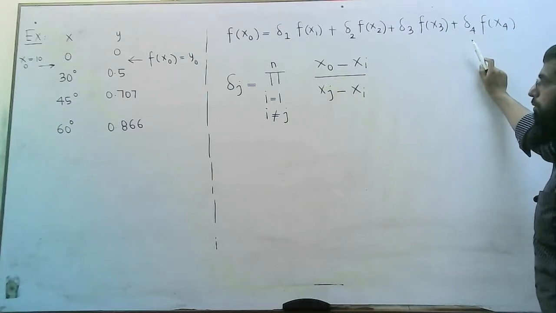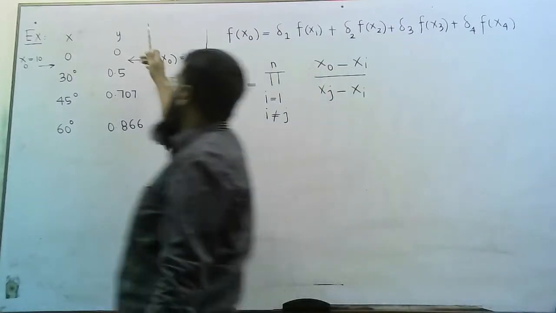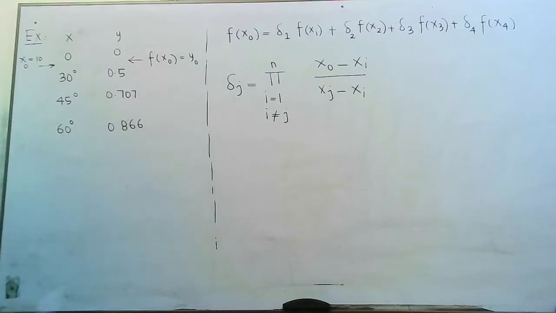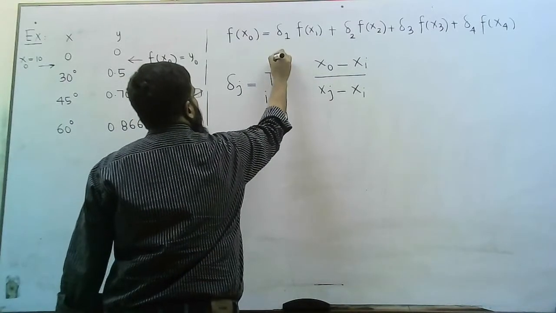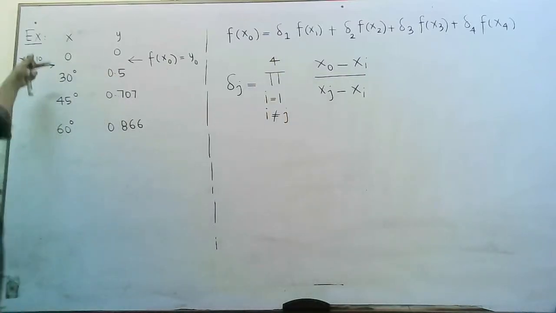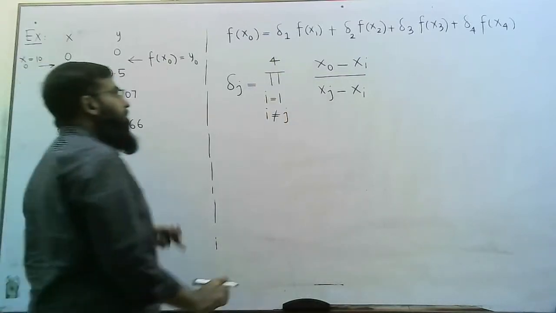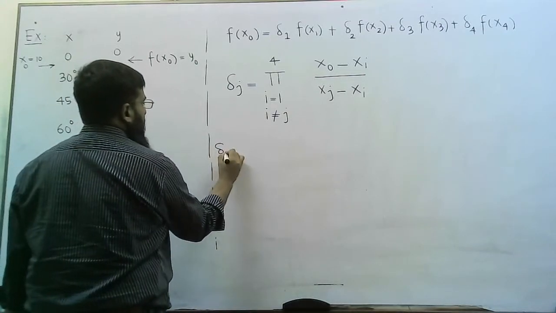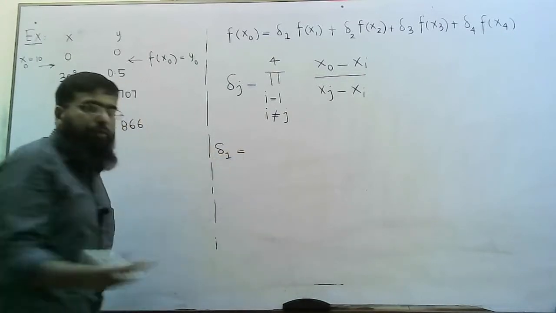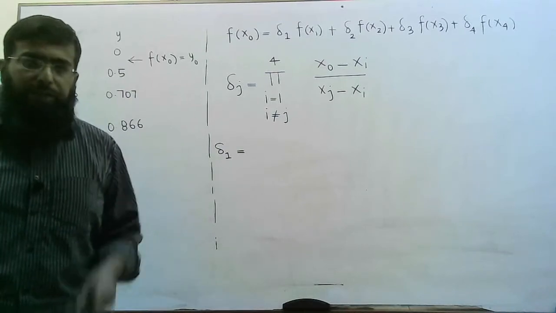We know n is 4 here because there are 4 rows in this table, so del j would be from 1 to 4 only for this case.